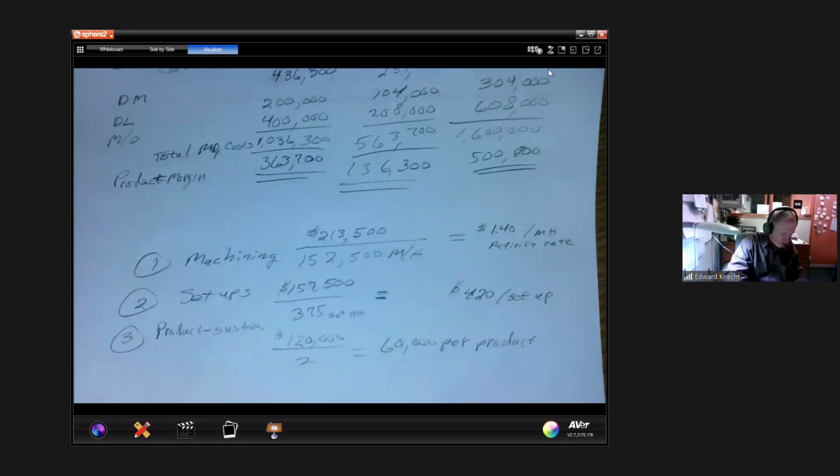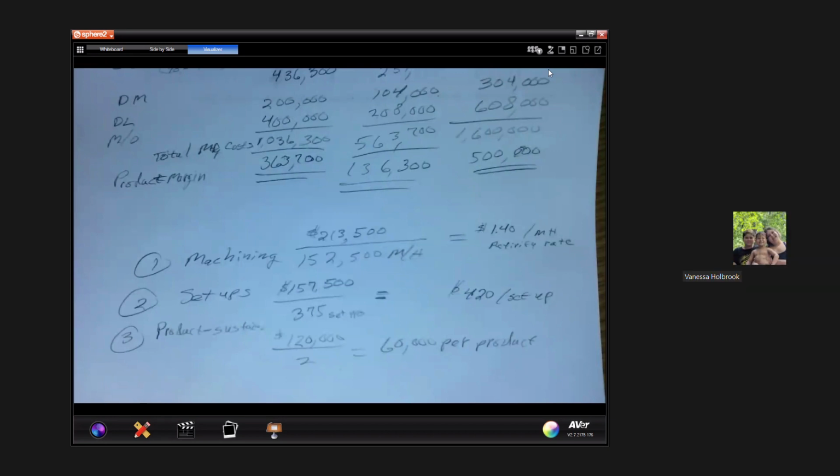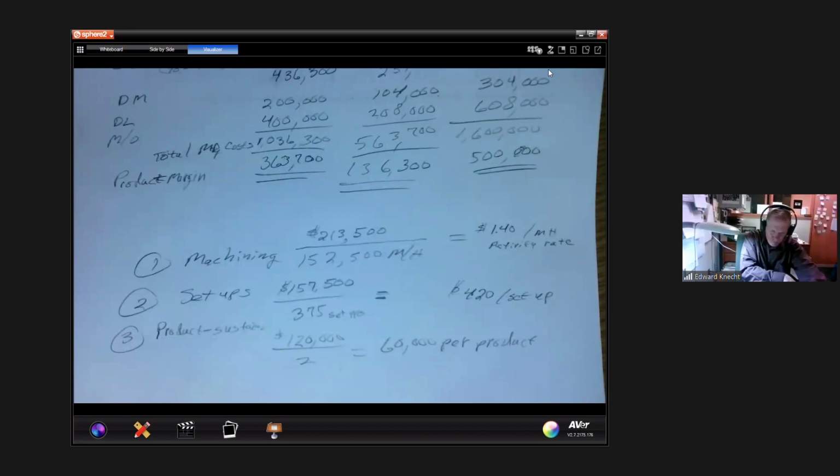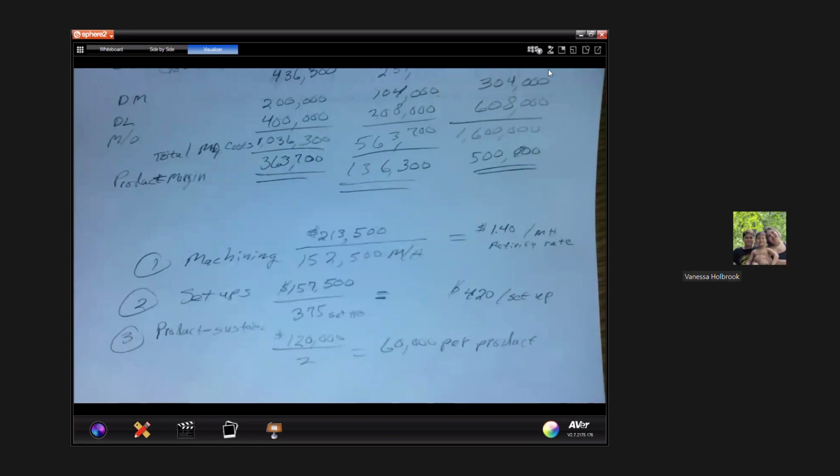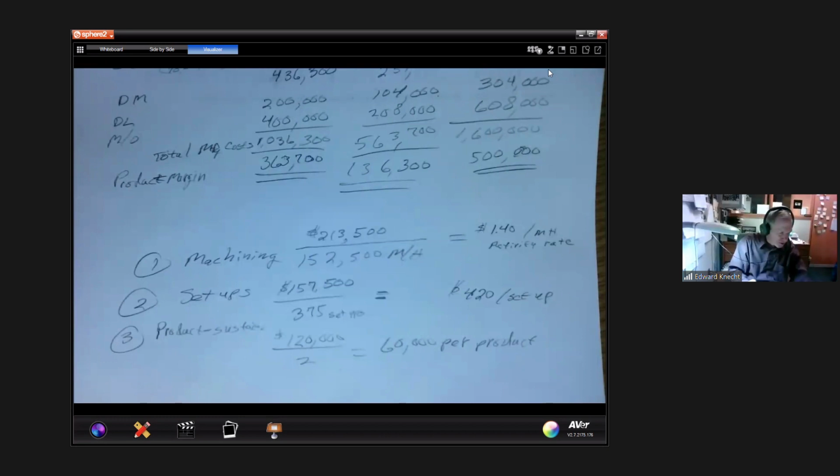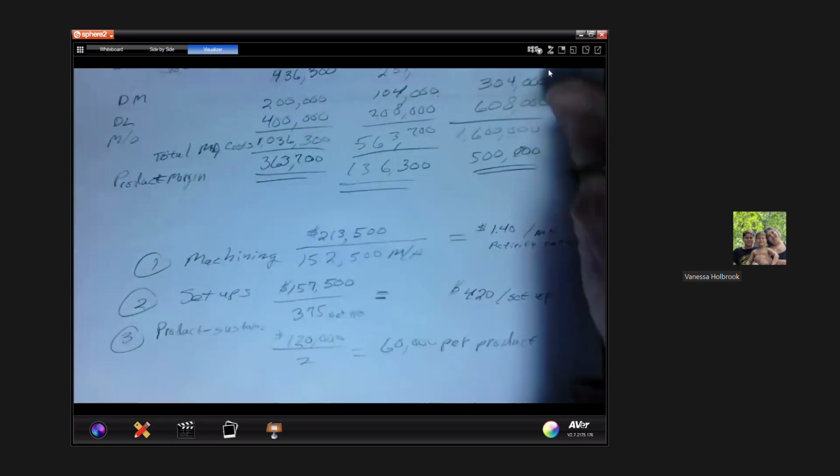Costs go into overhead, but we have to start with direct materials and direct labor first because those go to the product. B300 gets $436,300, right?